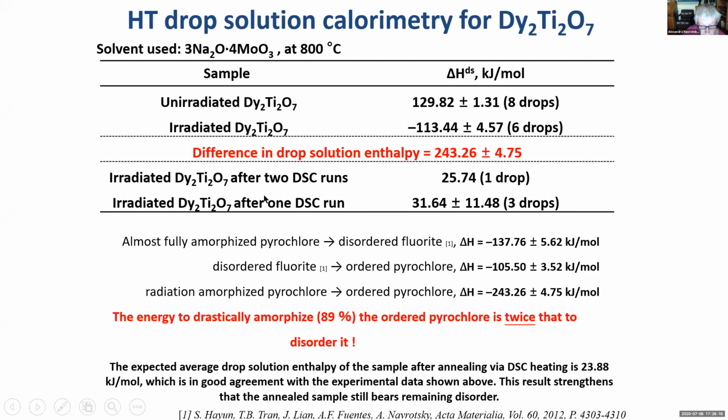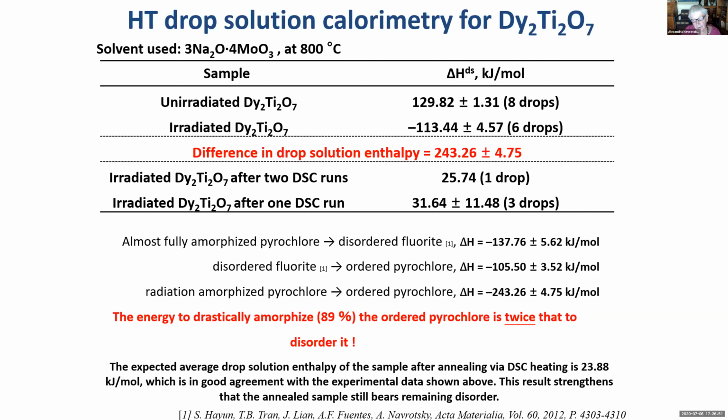If we then do some differential scanning calorimetry on it, and I will show you this conventional DSC up to 1,000 degrees, we get what looks like a pyrochlor phase to laboratory X-ray, but in fact we don't get back all of the energy that we put into the sample. We get back about half of it, which means that there is still some sort of damage, some sort of disorder. And this is completely in keeping with the structural studies.